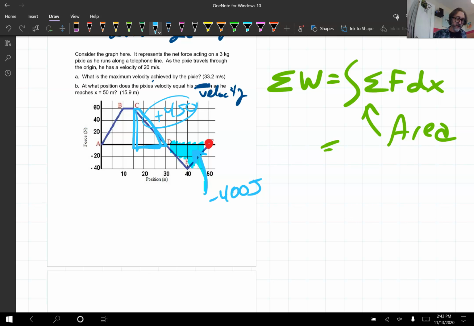So in this chunk he gained 450, in this chunk he lost 400, so that's a net gain, right? So we need to figure out where do we have to go back here for this purple area to represent positive 400 joules. So that the 400 joules I gain here are canceled out by the 400 joules I lose over here.